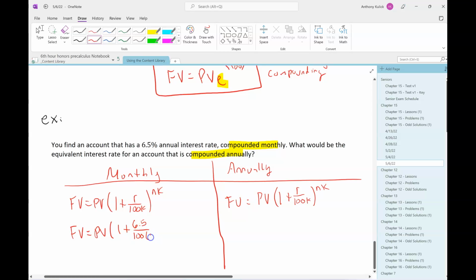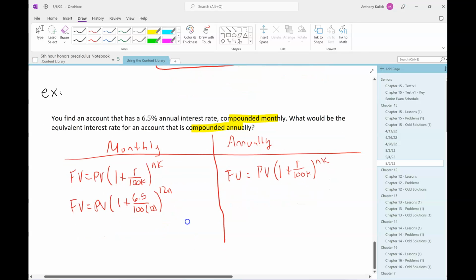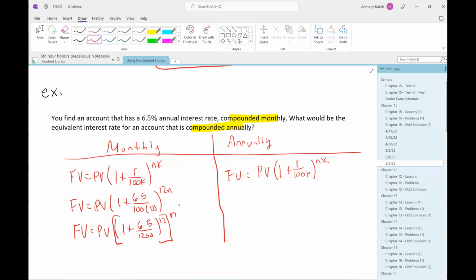K, which is 12. And I'm going to then just rewrite this as 1 plus 6.5 over 1,200 to the 12th, and then all of that to the nth. Okay. That's all we can fill in for the monthly one, right?